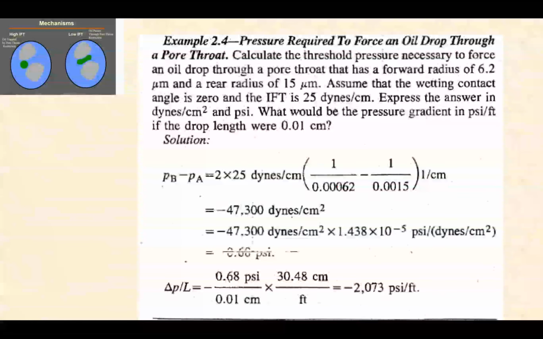That is, how it displaces the oil when the oil is trapped within a fine pore.